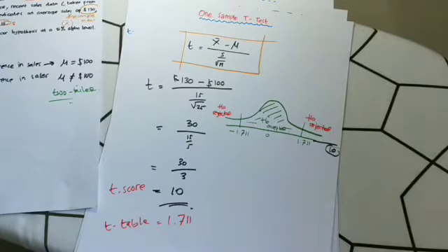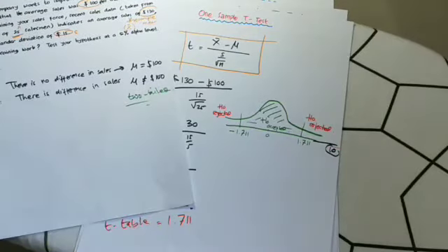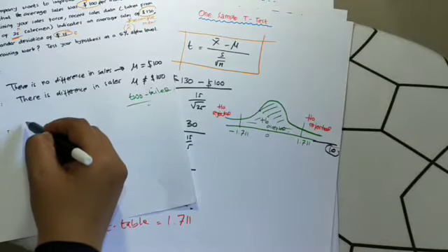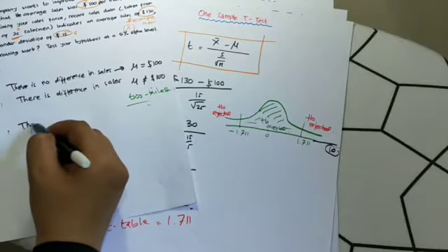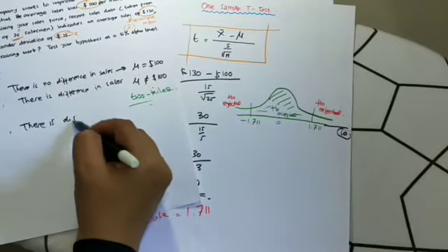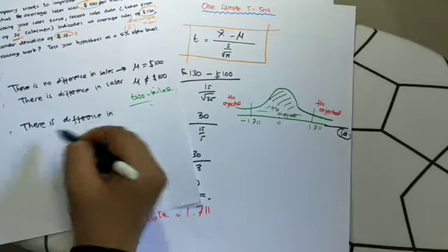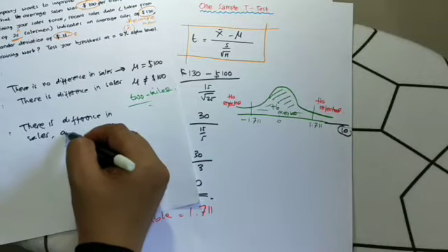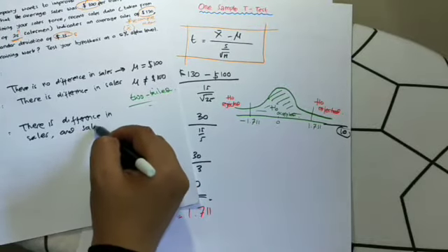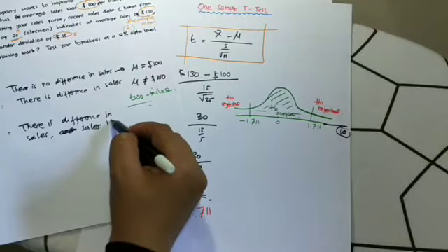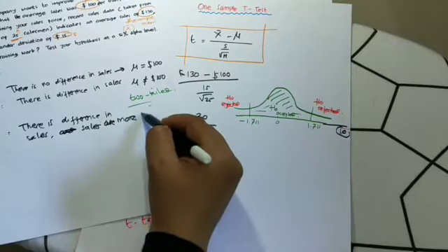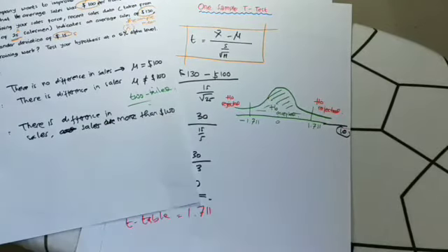But if you make your hypothesis like this, hypothesis 1: there is difference in sales, or the sales are more than $100.